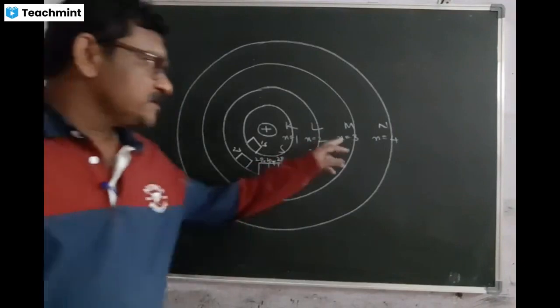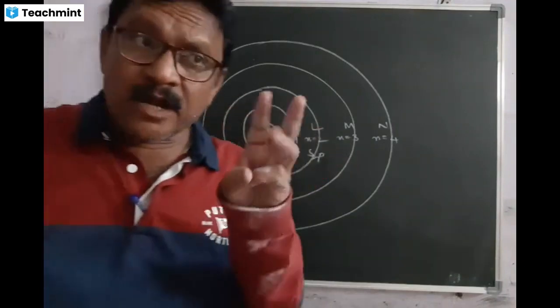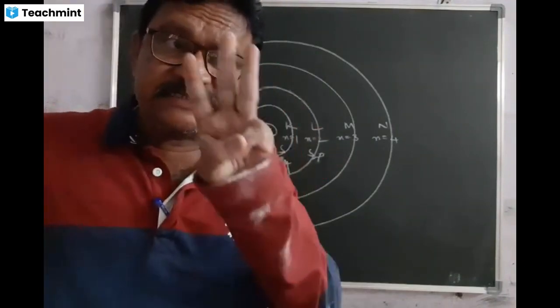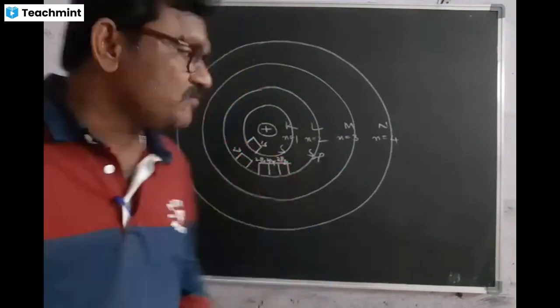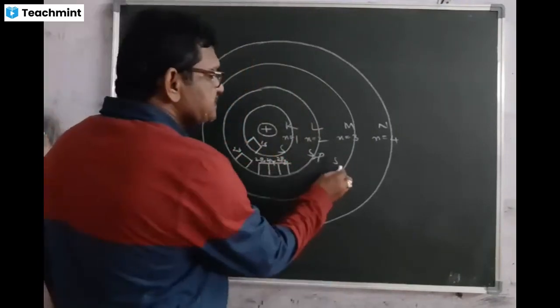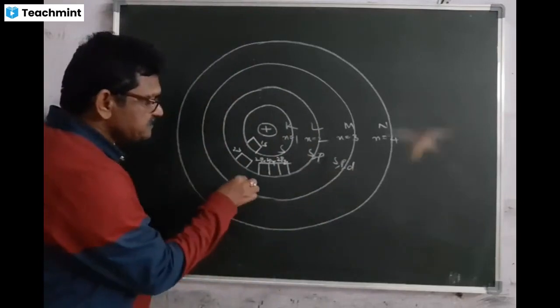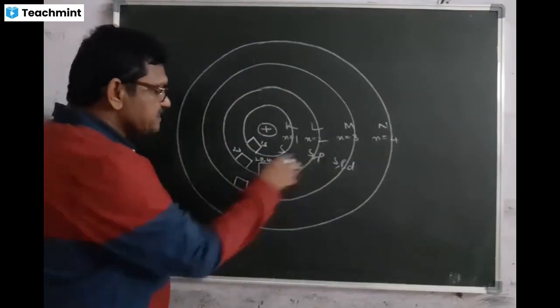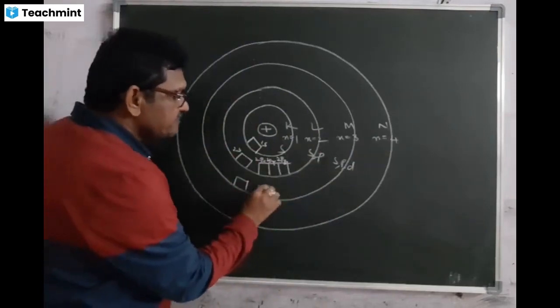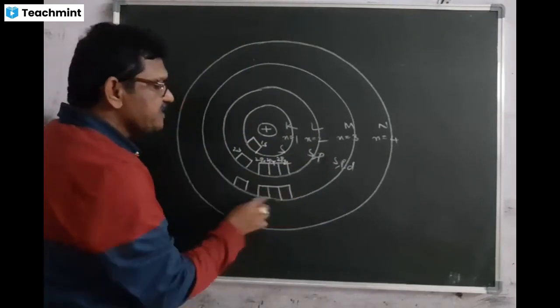Third shell contains how many subshells? Third shell contains 3 subshells. What are those subshells? s, p, d. So I want to show here, this is s. The s subshell contains only one s orbital. The p subshell contains 3 orbitals.